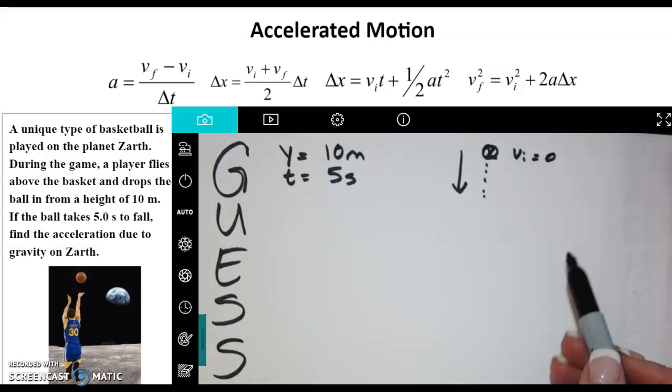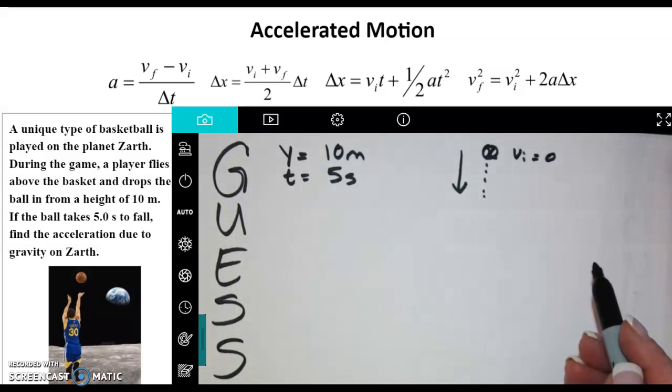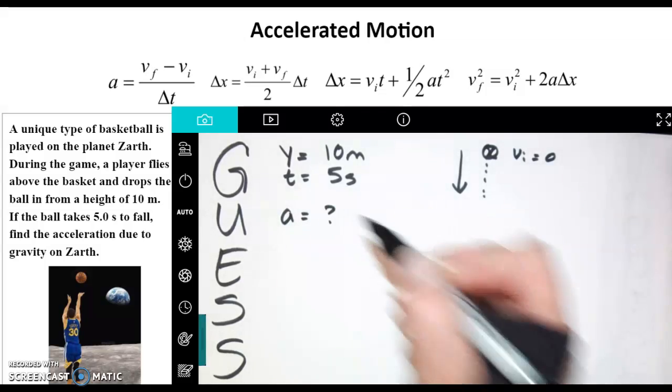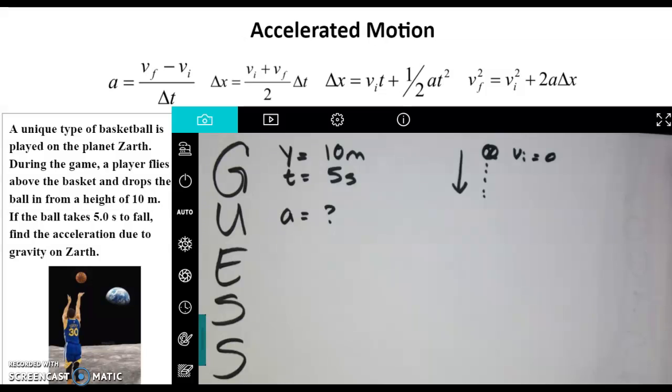Those will be our given variables. Our unknown variable is the acceleration due to gravity on planet Zarth. The question is giving us our displacement, our time, and initial velocity, and asking us for acceleration.